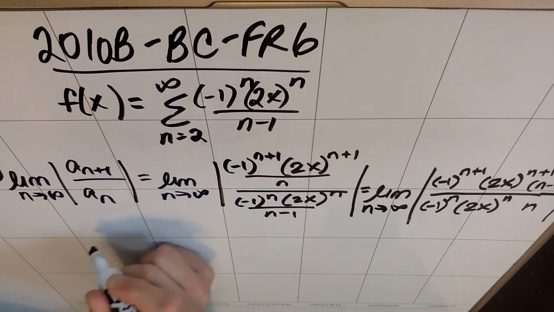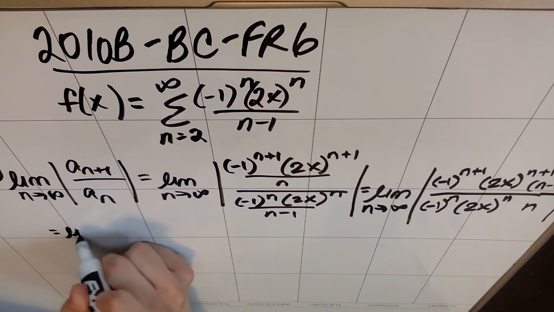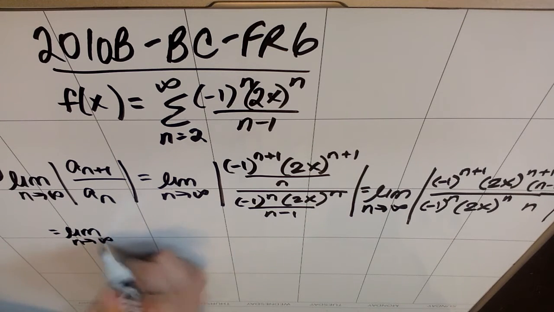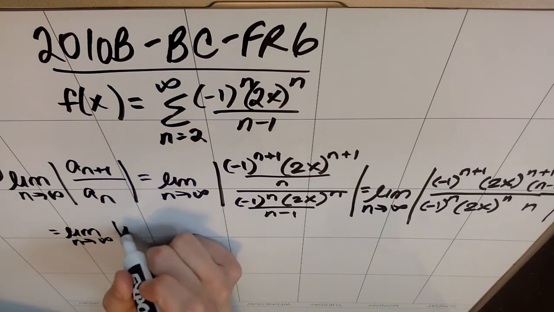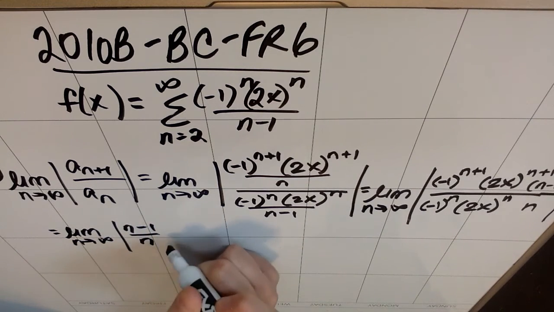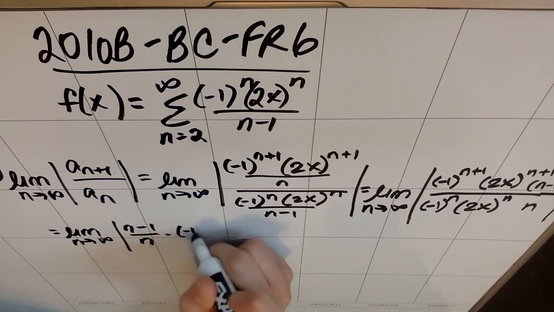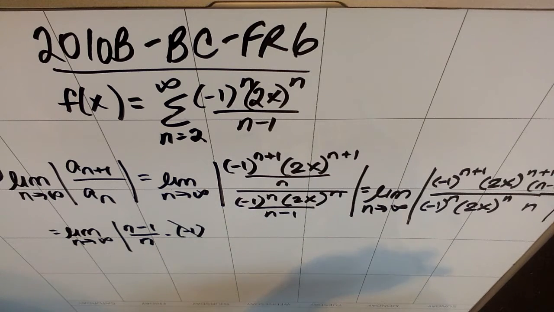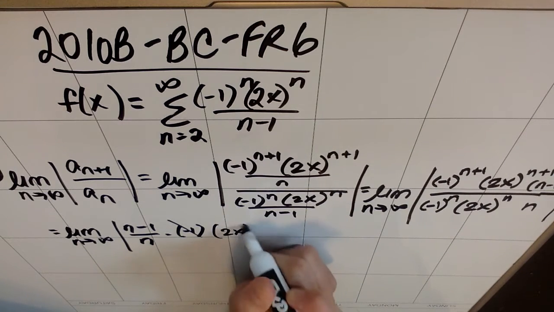So if we come back over here now, that's the limit as n approaches infinity. Well, the only n's I'm going to end up with left are this n minus 1 on top of an n, because the negative 1s are going to net to a negative 1 on the top, which isn't going to end up mattering all that much, and the 2x to the n plus 1 divided by a 2x to the n is just going to yield a 2x, right?